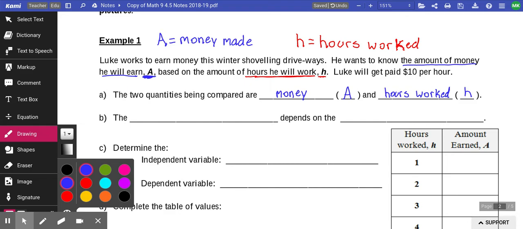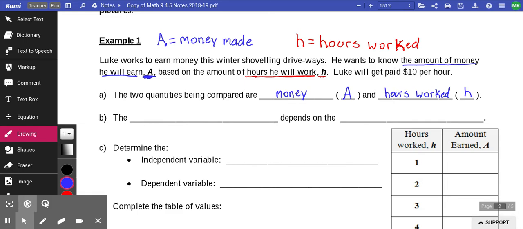If you think about this question logically, which thing would be the independent variable and which thing would be the dependent variable? Yeah, the hours are the independent variable, right? Amy said that the hours worked would be the independent variable, which makes sense because the amount of money you make is dependent on how many hours you work. Right? That's the best way to think about it.